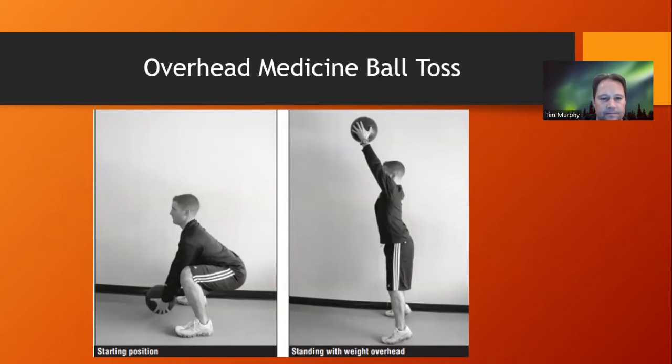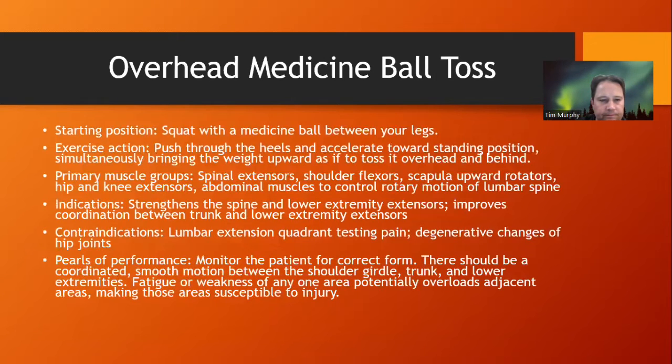Next is the overhead medicine ball toss. As you can see pictured is the starting position, along with standing with the weight overhead. So the starting position is a squat with a medicine ball between your legs.